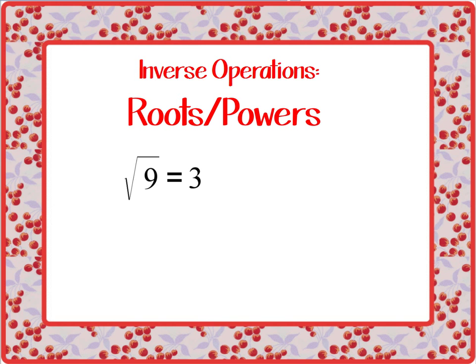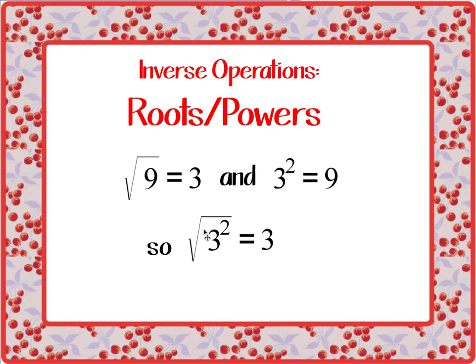So for instance, we're going to start with the square root of 9 equals 3. We also know that 3 to the second power equals 9, right? 3 times 3 equals 9. I'm going to take this 3 to the second power and put it where this 9 is in my first little equation because they mean the same thing.